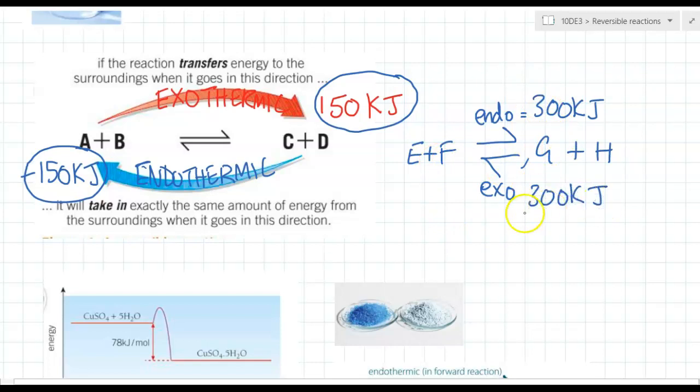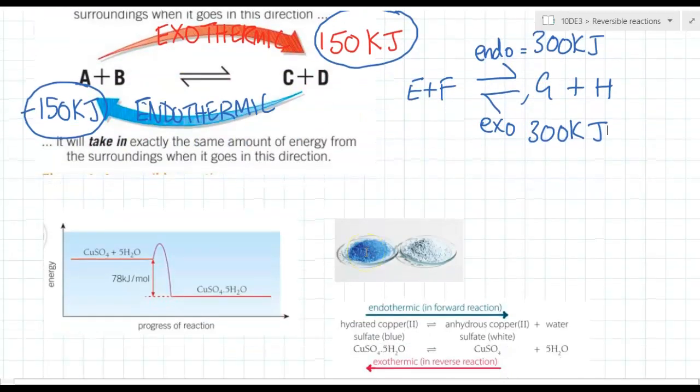The amount of energy is the same forwards as it is backwards. In one direction, the energy is given out, exothermic. In the other direction, the energy is taken in, endothermic. Okay, and we're going to use this example here.